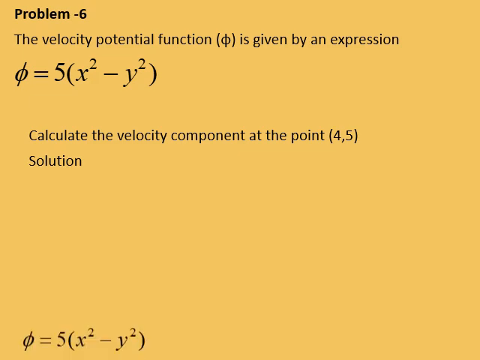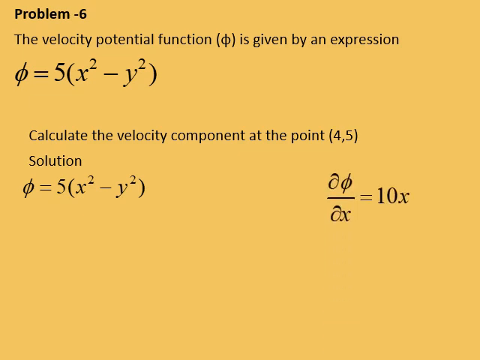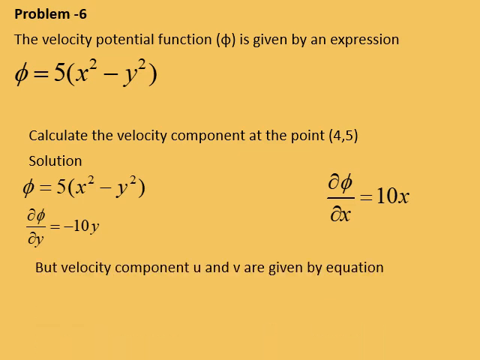The solution is, phi is equal to 5 into x square minus y square. Dou phi by dou x is equal to 10x. Once again, differentiating this expression with respect to y, dou phi by dou y is equal to minus 10y.